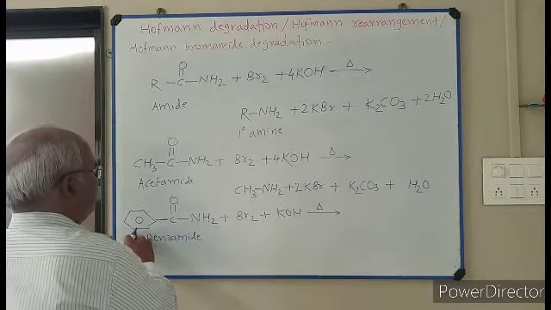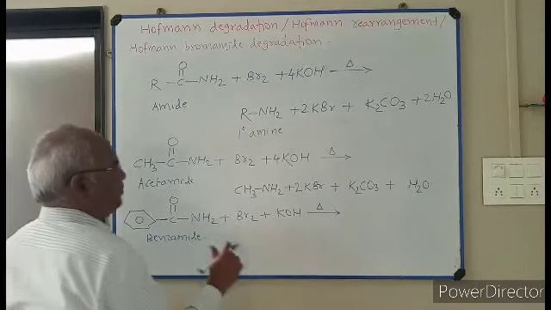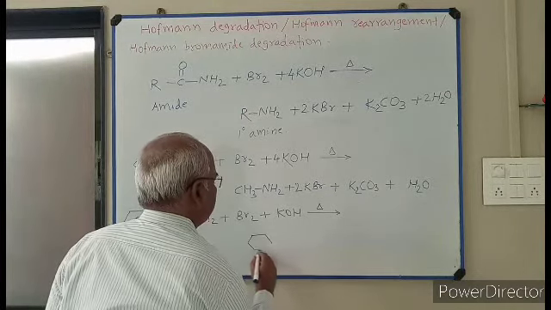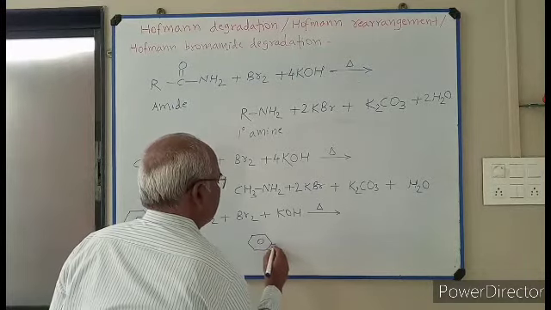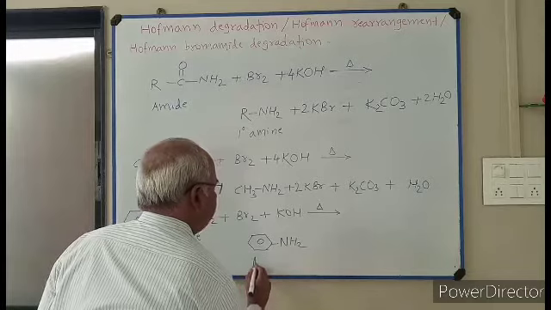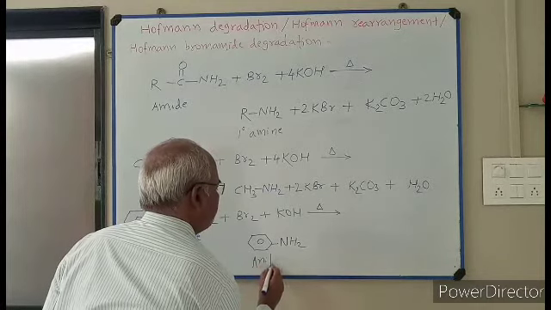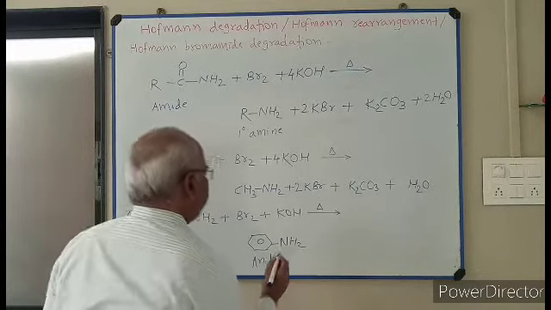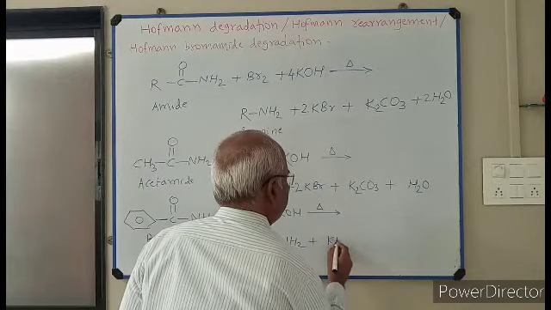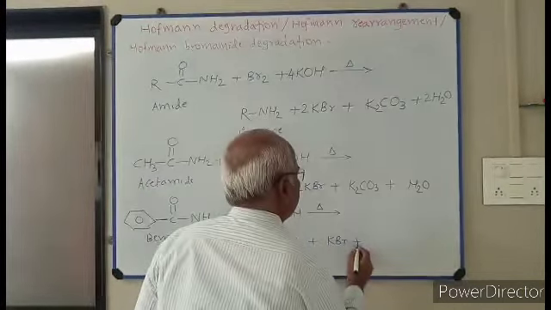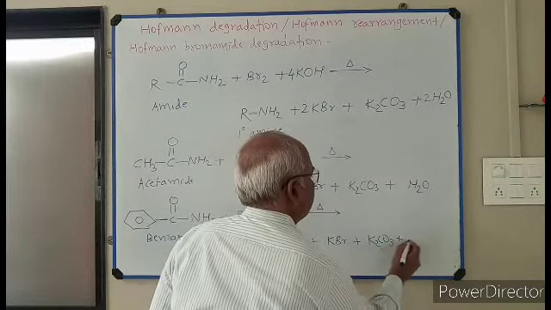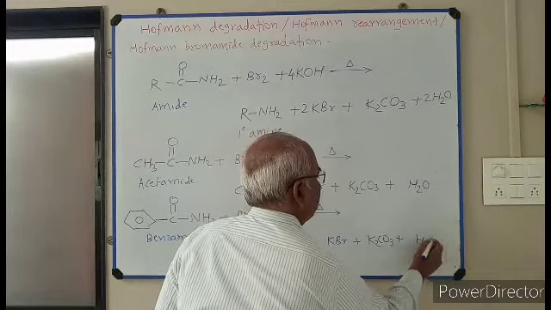This phenyl group migrates to this NH2 group and the product is phenyl group and NH2. Aniline is the product. So here I write aniline plus KBr plus K2CO3 plus H2O.